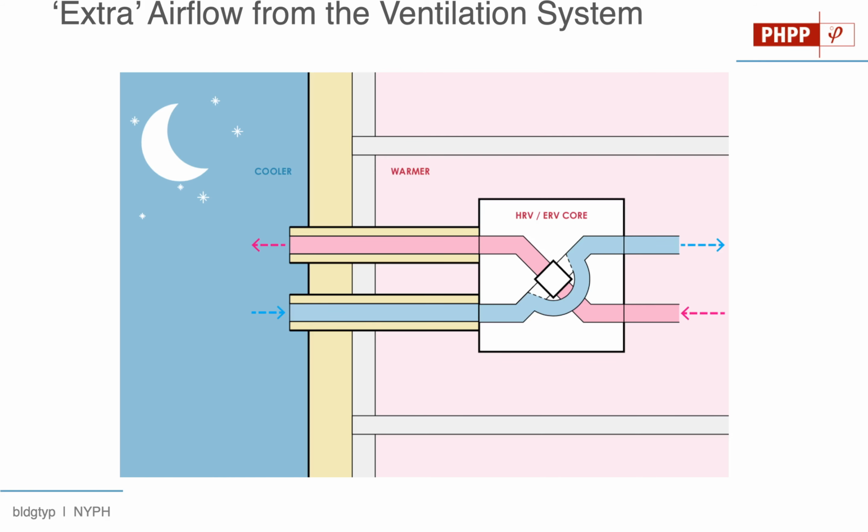For instance, let's say that we have a very highly glazed building, and we have significant solar radiation during the day, and so the inside of the building becomes quite warm due to that solar radiation. And then we're in a climate or a time of the year where it cools off at night. And so we might be in this funny situation where it's actually warmer inside of our building than it is outside.